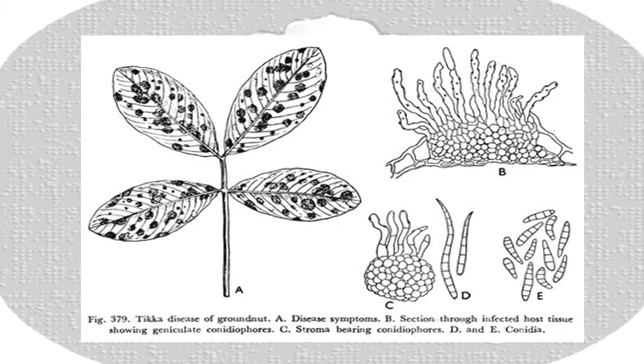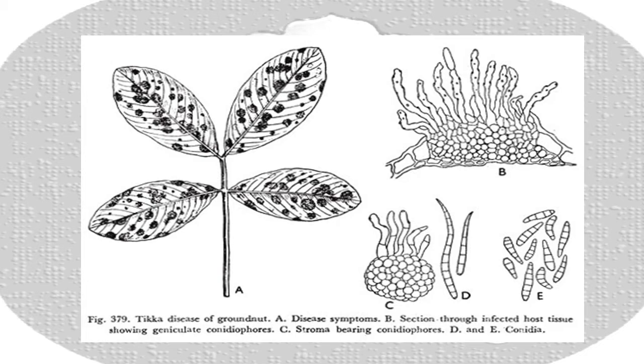Figure B, section through infected host tissue showing geniculate conidiophores. Next, figure C, stroma bearing conidiophores. Figure D and E, these are the conidia. These are the Tikka disease of groundnut.